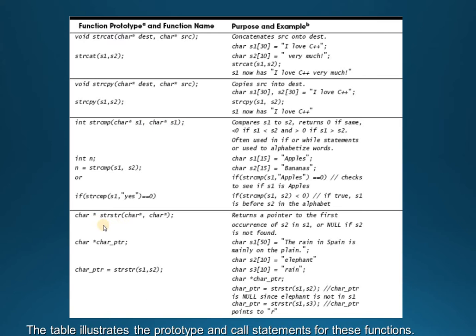Then we have a strstr function where we return a pointer to the first occurrence of S2 in S1. So what does this do?